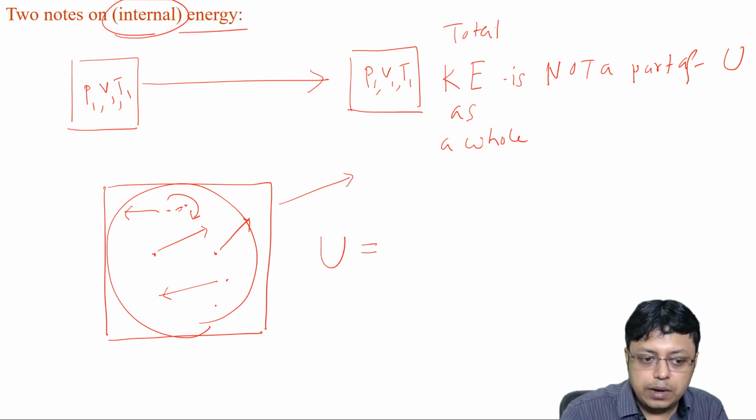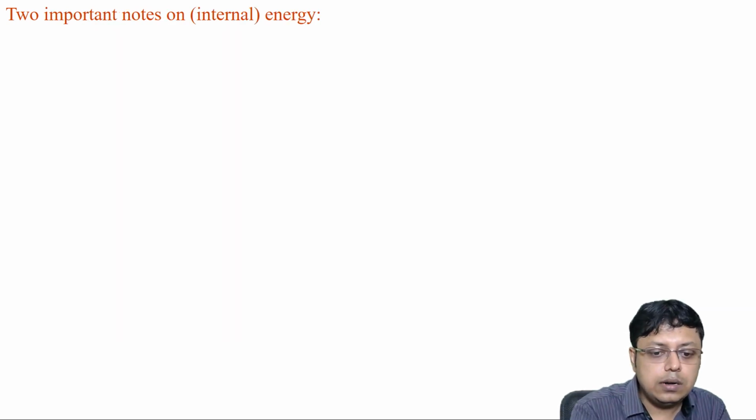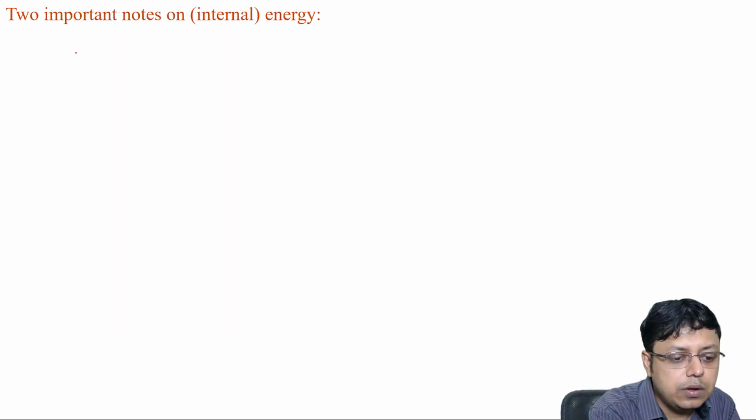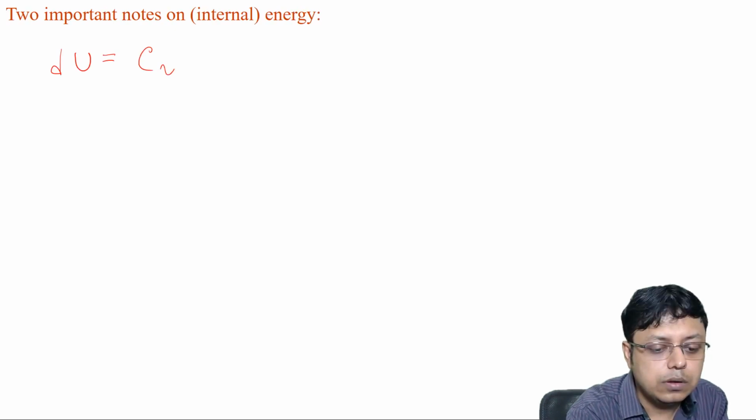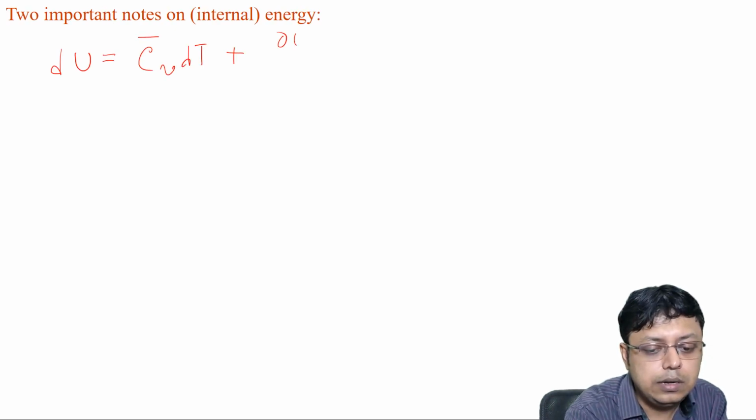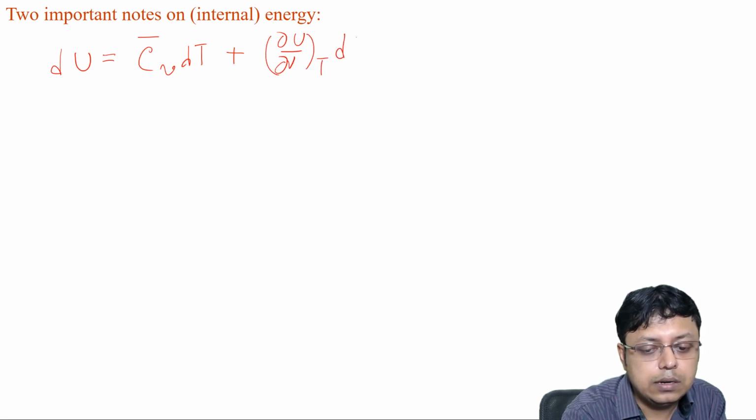Secondly, which is very important, we considered a process where we were changing the internal energy as a function of volume and temperature, and there we got a relationship which we just used, which is Cv dT plus (del U/del V) at constant T dV.